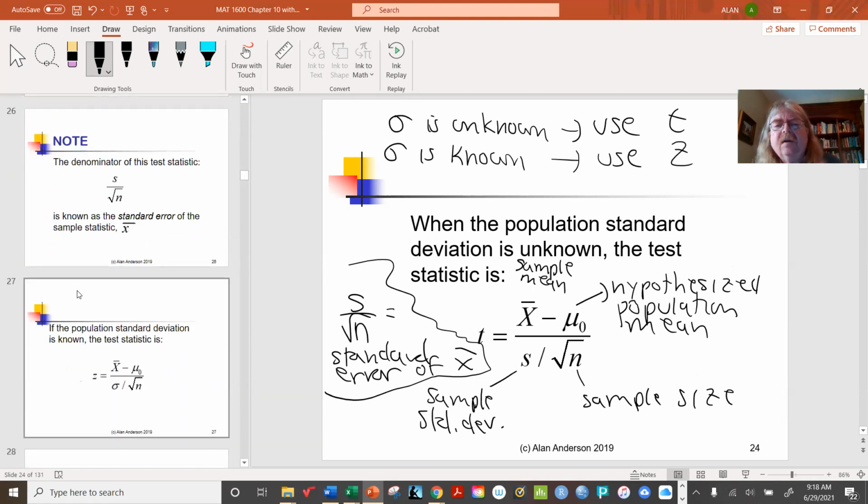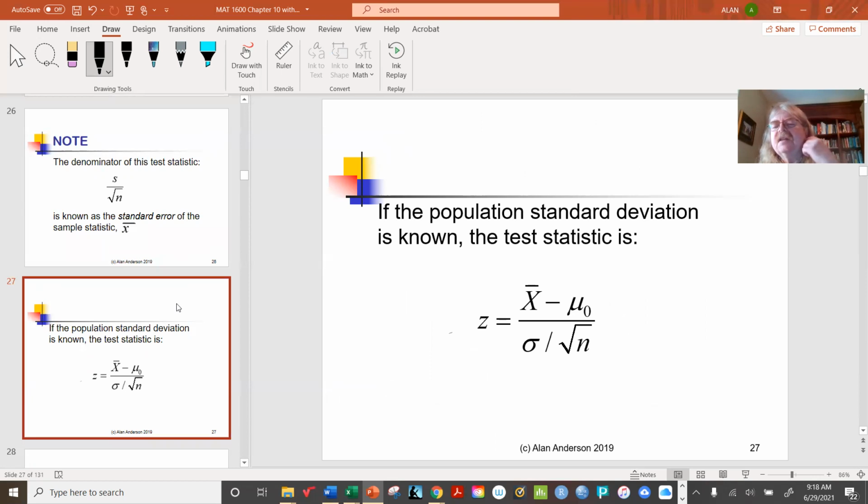Okay, now if we do know the population standard deviation, the formula will be very similar, as you'll see, except that we're using the known population standard deviation, and this will be based on the standard normal distribution. Okay, so here it is. Oh yeah, it's almost identical, isn't it? Except that this is now the population standard deviation.